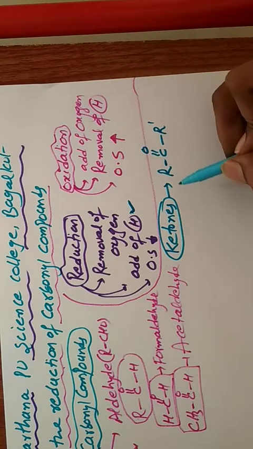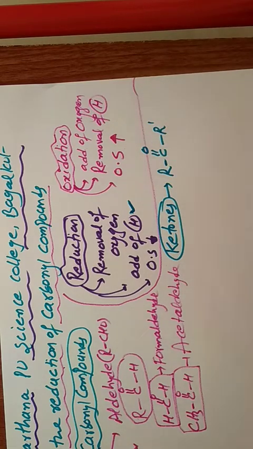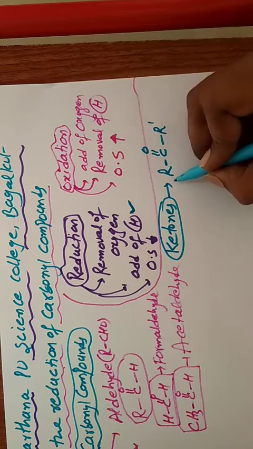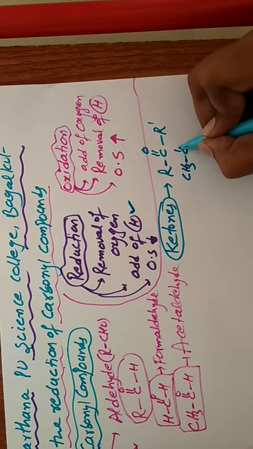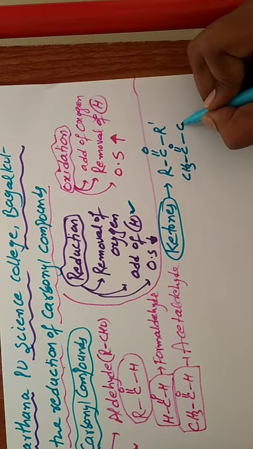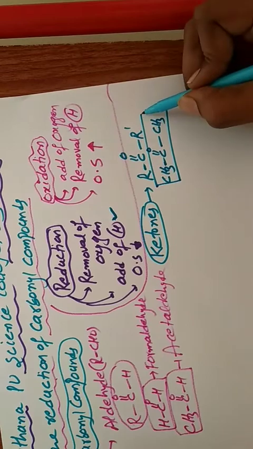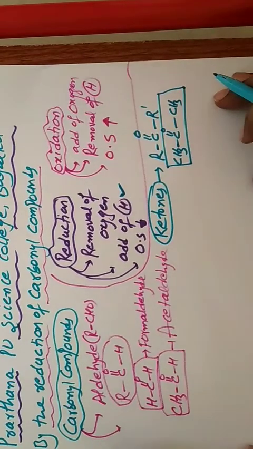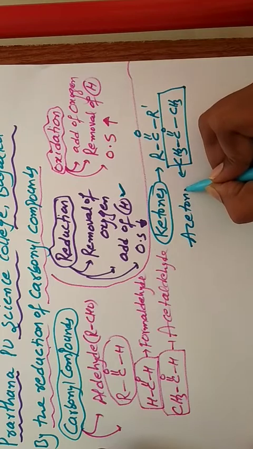These two alkyl groups may be the same or different, that's why we write R dash. What is the first compound in ketones? CH3-C double bond O-CH3. This is the acetone molecule.